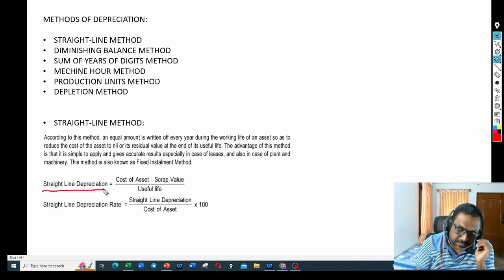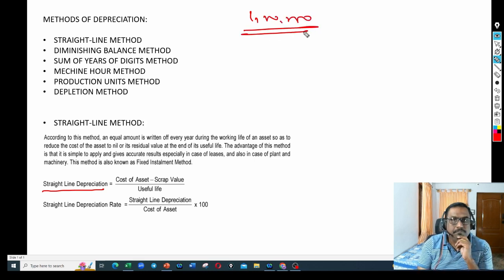Let us say I purchased an asset for 1 lakh. Useful life of the asset is 10 years. After 10 years, because the life of the asset is over, that particular machinery or asset will become scrap.